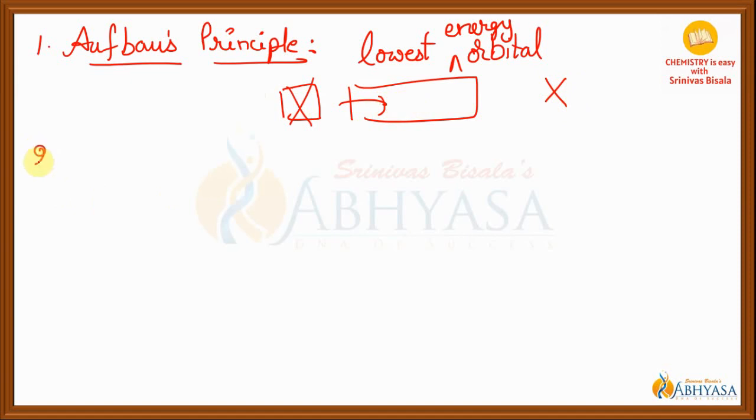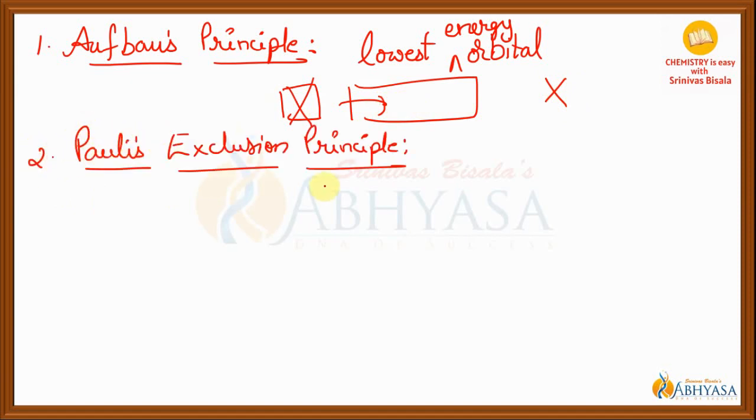Let's see the second rule, which is the Pauli's exclusion principle. According to this one, no two electrons in an atom can have the same set of all four quantum numbers.